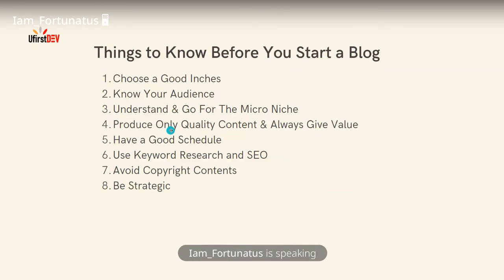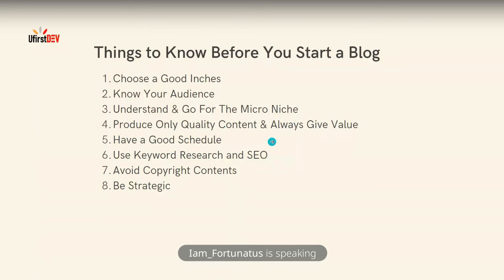Then the next one I'm talking about is produce only quality content and always give value. If your blog is about social media marketing or digital marketing or something like that, make sure you post quality content that will help your audience know that you actually know what you are doing, that will present you well to your audience.